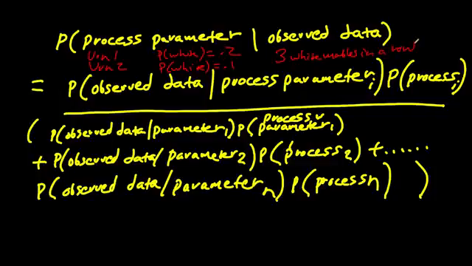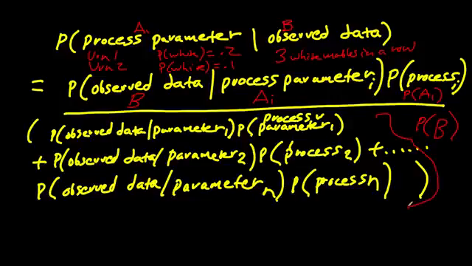Bayes' theorem tells us that if this is probability of A sub I given B, then that is equal to the probability of B given A sub I times probability of A sub I divided by probability of B, which here we have broken up using the sum rule to be the series of joint probabilities, the probability of the observed data with parameter 1 plus probability of observed data with parameter 2, each times the original probability of that parameter or process.